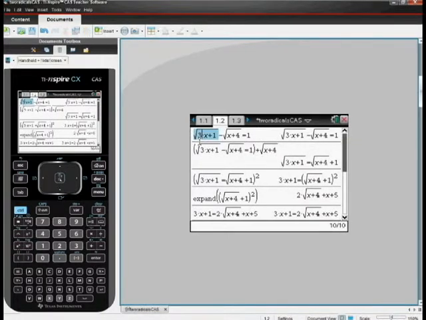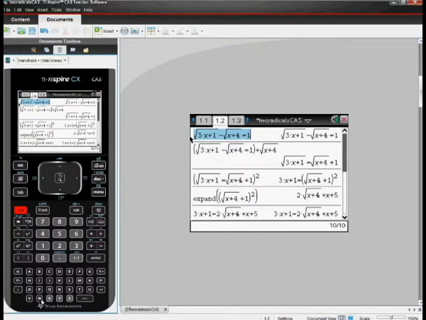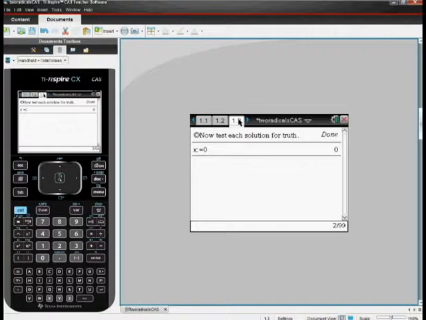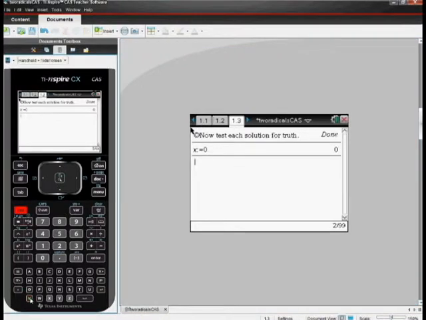Select this entire equation, do control copy, go to your next page and do a control V for paste, and it does that. And now when I press enter here it should tell me true or false, because it says is this with x equal to 0 equal to 1, and it says false.